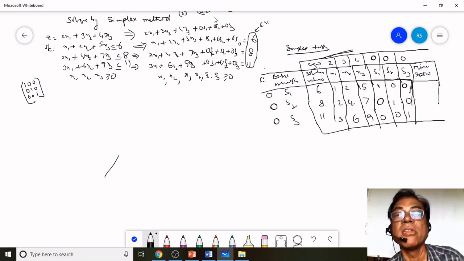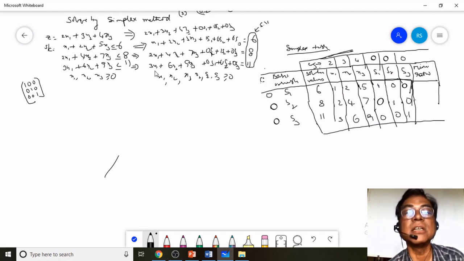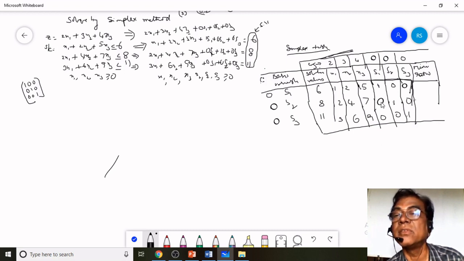Next, before S1, 1 is there, remaining values are 0, 0, enter the values. Like the second equation, coefficients 2, check it. Here is a 2, 4, 7, 0, 1, 0. Next, go to the third equation, 3, 6, 9, 0, 0, 1, according to this value.